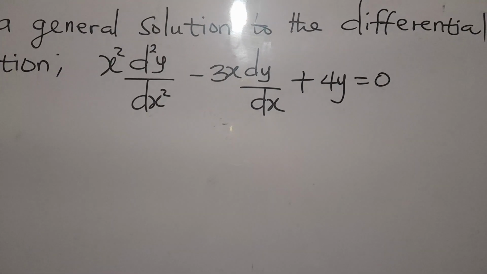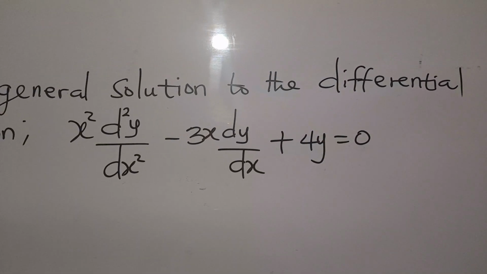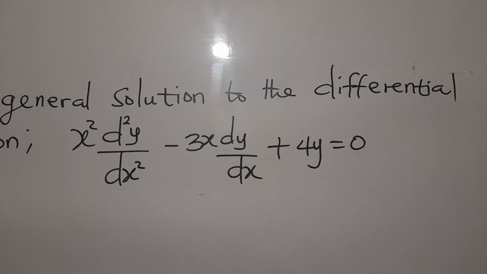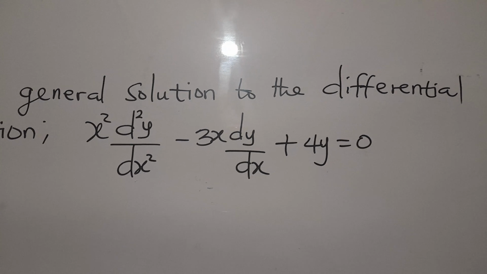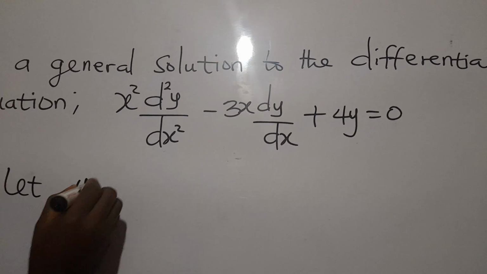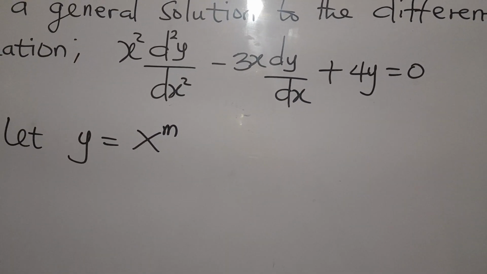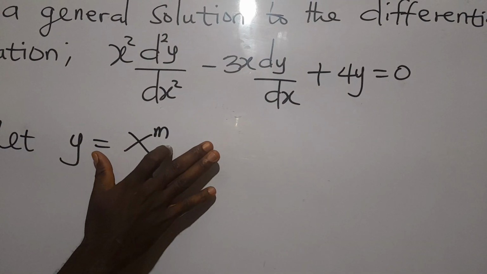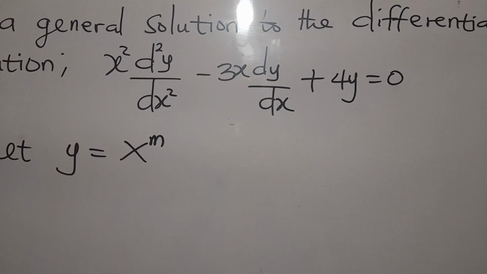Anytime we are met with a second order differential equation with a variable coefficient, we let y equal x to the exponent m. The values of m will determine the general form of the solution.